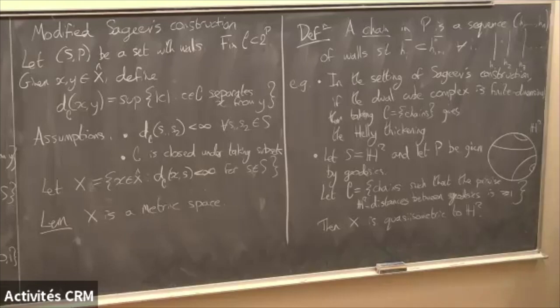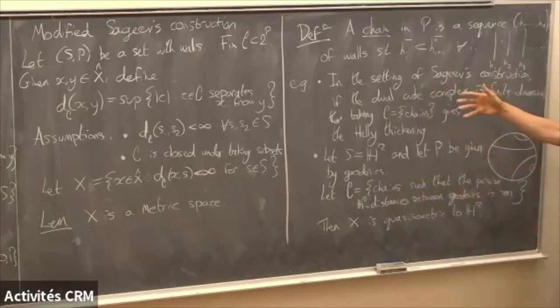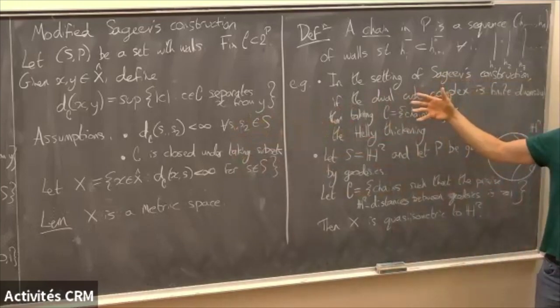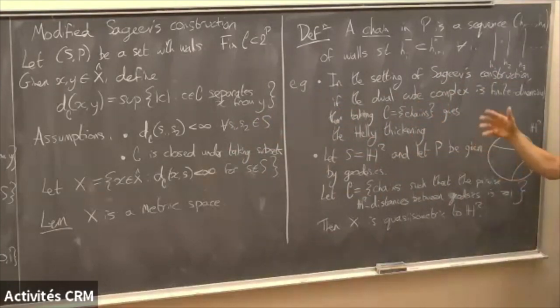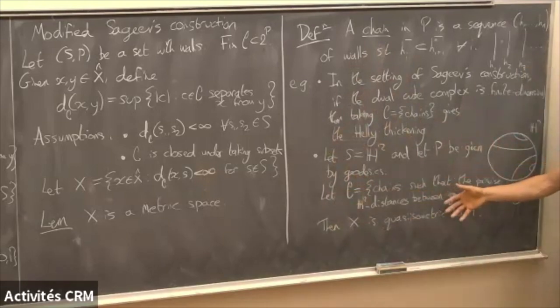So this doesn't necessarily look very interesting on its own. You started with H2, did something, and got something quasi-isometric to H2. So you might be wondering what the point of setting things up like this was. But this kind of procedure, you can modify to make it work for any hyperbolic space, in particular any hyperbolic group.